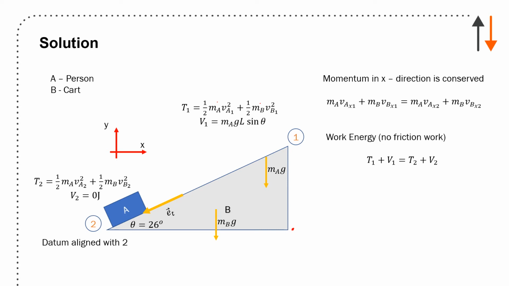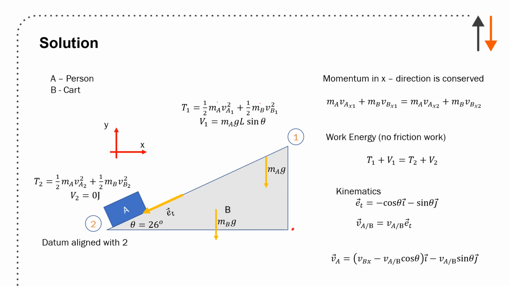I can define a unit vector which is going to follow along with that. That goes as e_t, and from the geometry, it's a unit vector, so it has unit length: e_t equals negative cos theta i minus sine theta j. And velocity of A with respect to B, the person sliding down, is going to be in the tangent e_t or tangential direction.